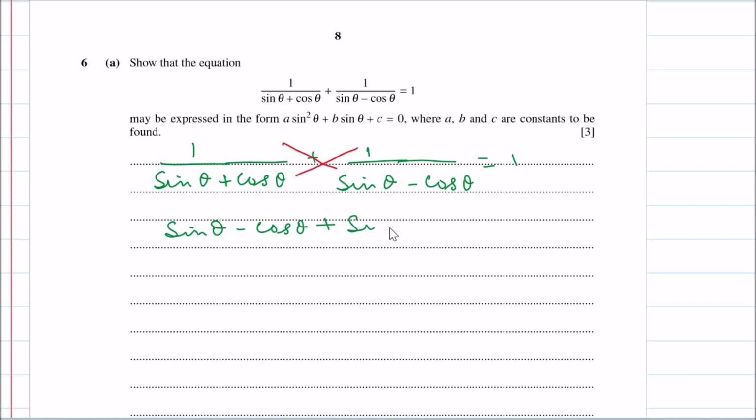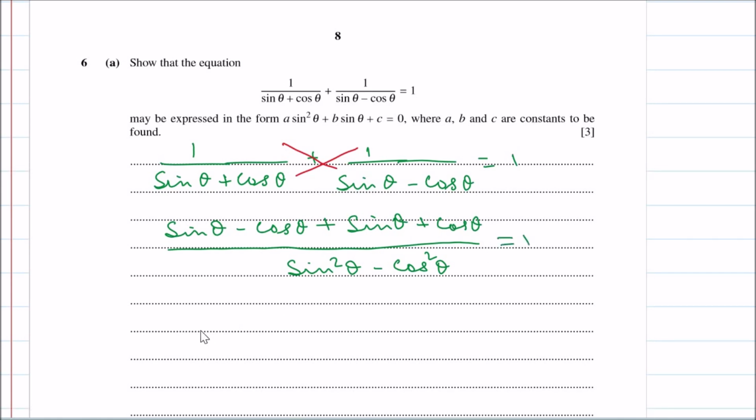So here sin theta plus cos theta divided by, multiplying both denominators, we have sin theta plus cos theta into sin theta minus cos theta, that becomes sin square theta minus cos square theta, because a plus b into a minus b equals a square minus b square.